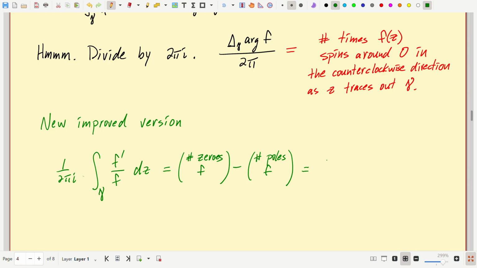So that's the increase in the argument of f as you go around gamma divided by 2 pi, and that's the number of times it spins.